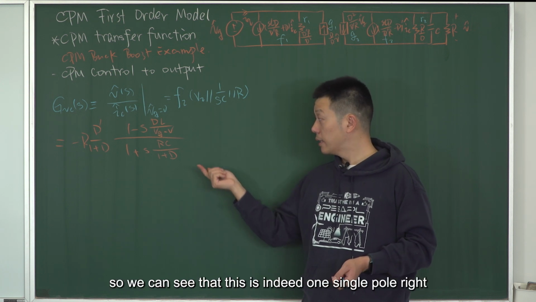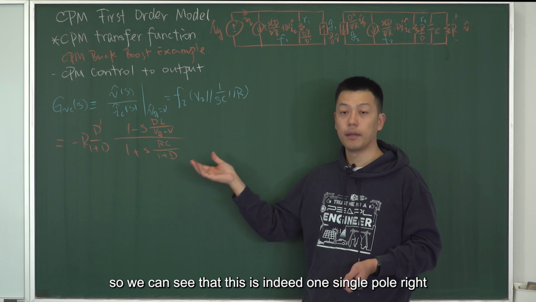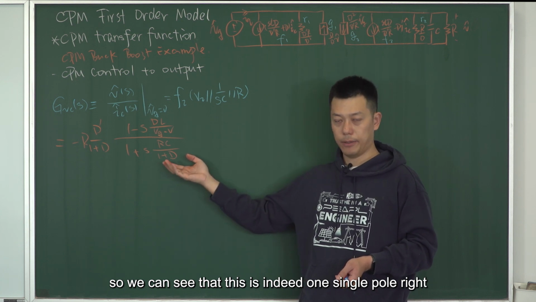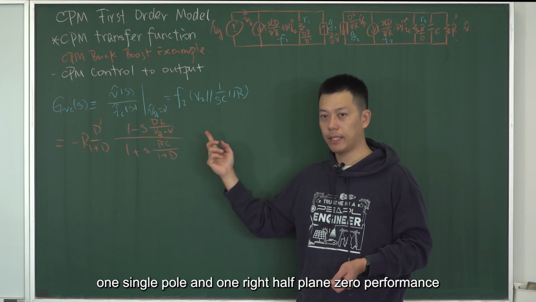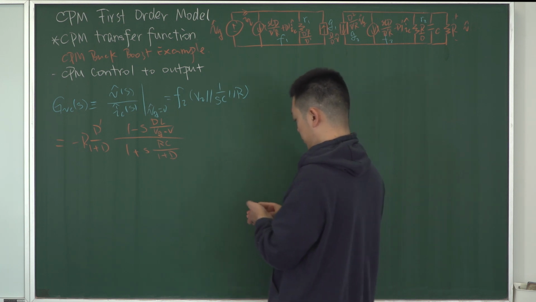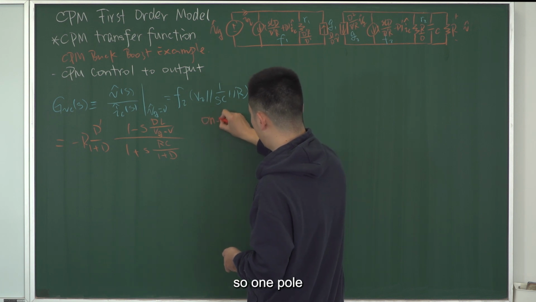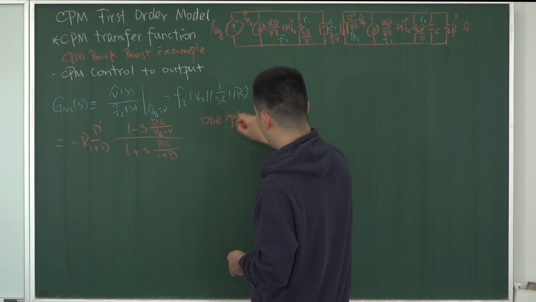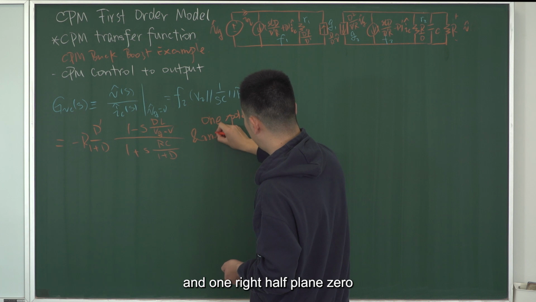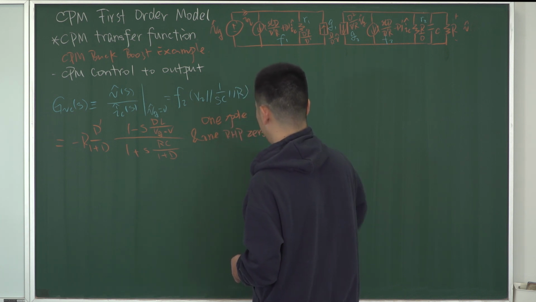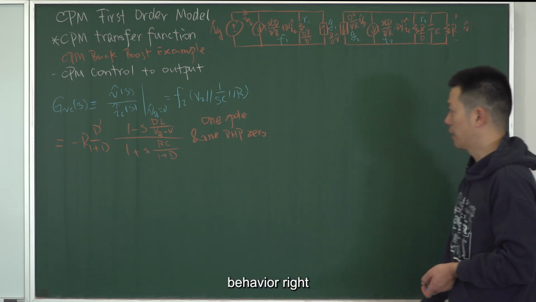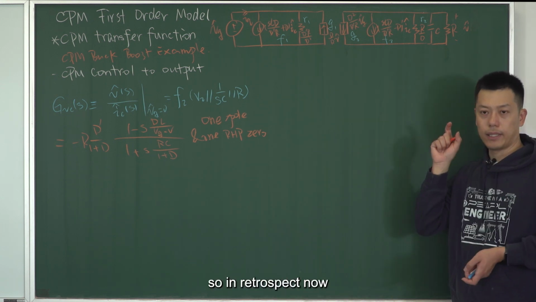We can see that this is indeed one single pole and one right half plane zero behavior.